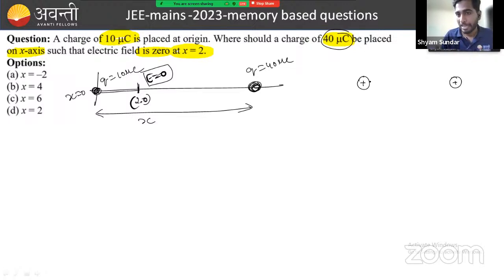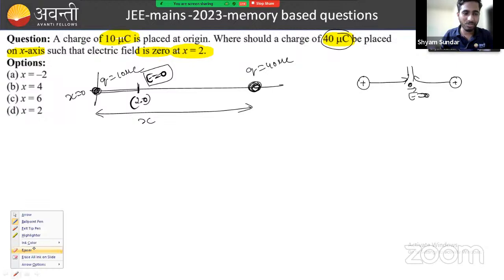The electric fields repel each other, so at a point between them the electric field intensity can be 0. It depends on the charge quantity. If they are equal, the electric field intensity will be 0 at the midpoint.